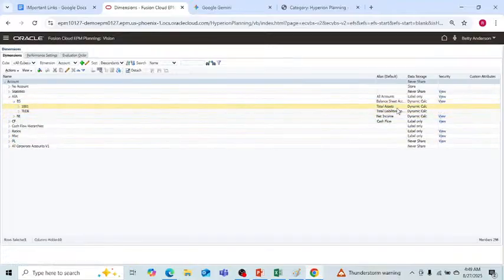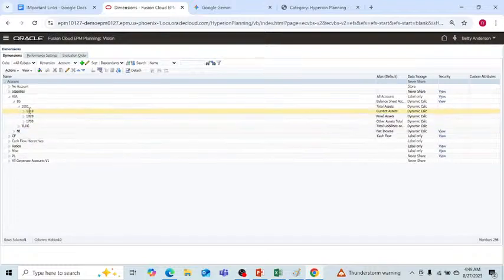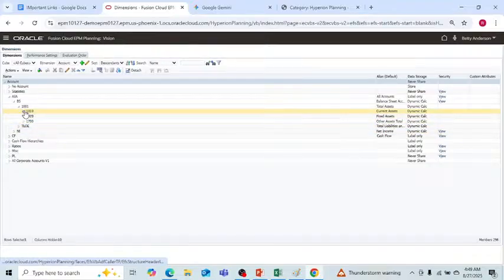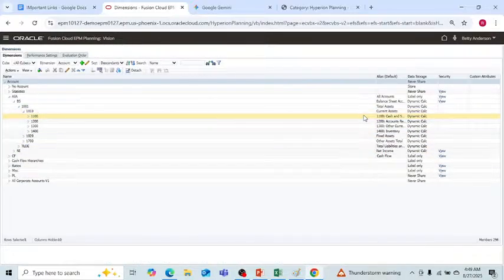You can see here the total asset is there. Again we will drill down. So the current asset we can see here, it is a dynamic calc. Yesterday we also discussed the data storage property, but today we will also discuss it, because the concept would flourish more when we do the practice of the same thing again and again.